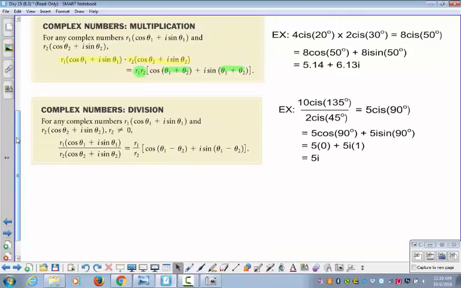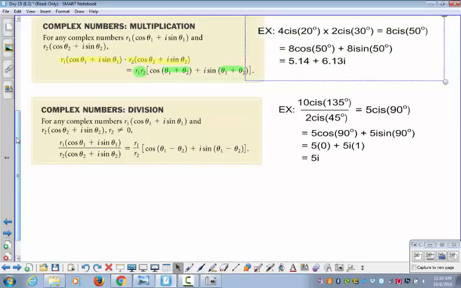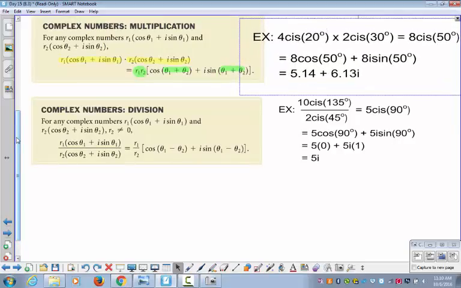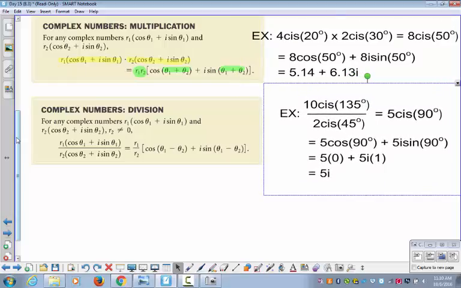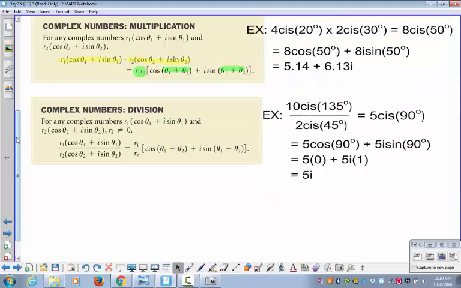So for example, if we have 4 CIS 20 and 2 CIS 30, the way we multiply that together is to multiply the radii and get 8, add the angles and get 50.